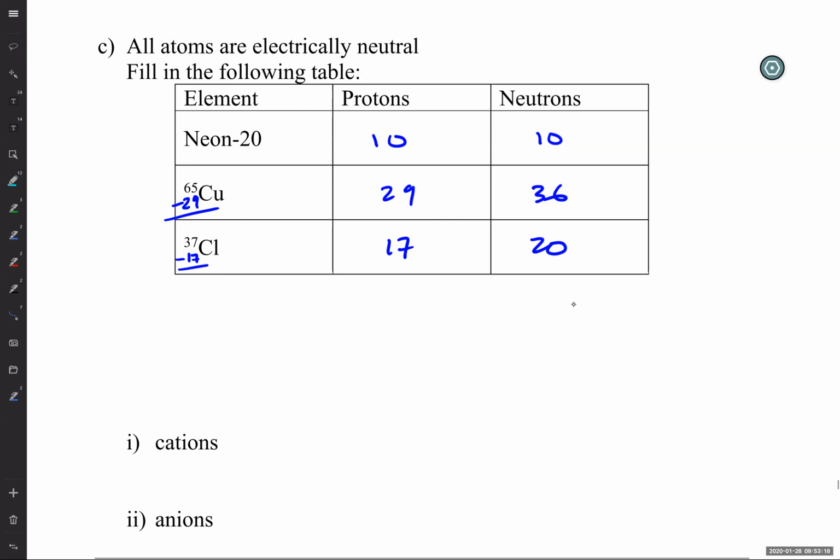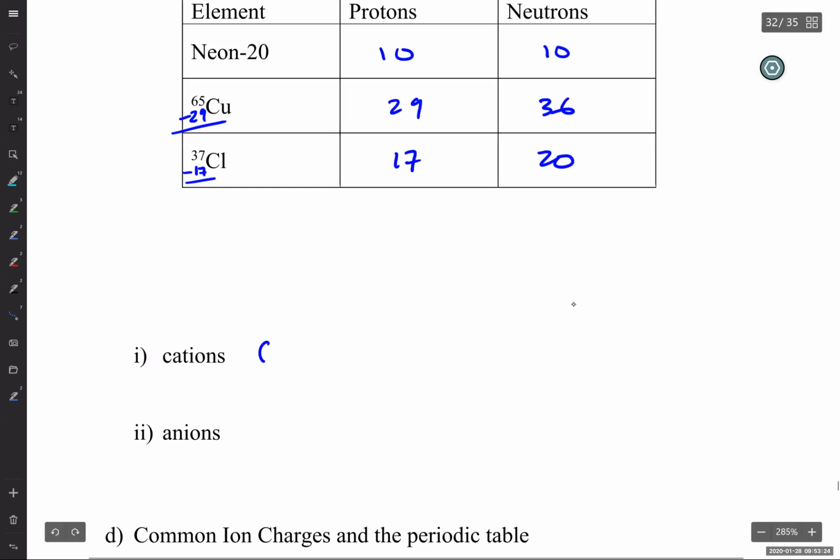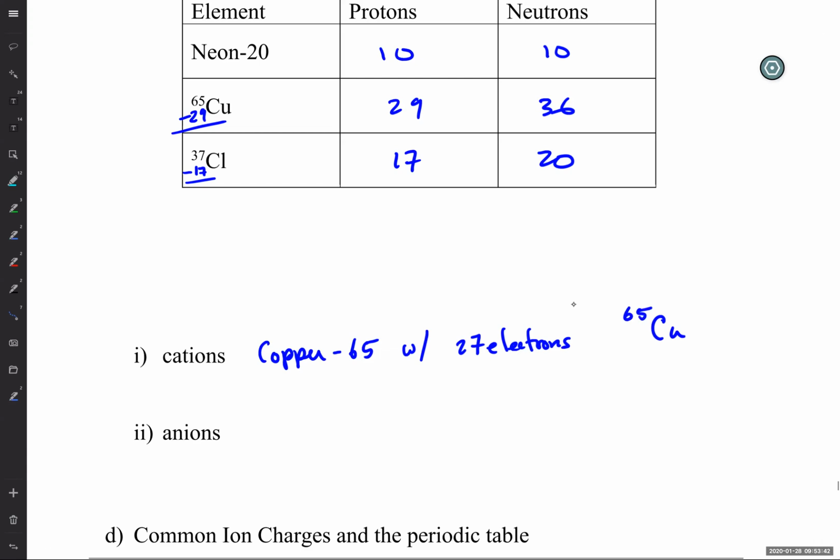Now, if you have isotopes that are cations and anions, it's the same thing. So like if you had a copper, another way to write it is 65, right, with 27 electrons. You would write Cu, and then on the left, you'd put 65, and on the right, you would write 2+, like that.